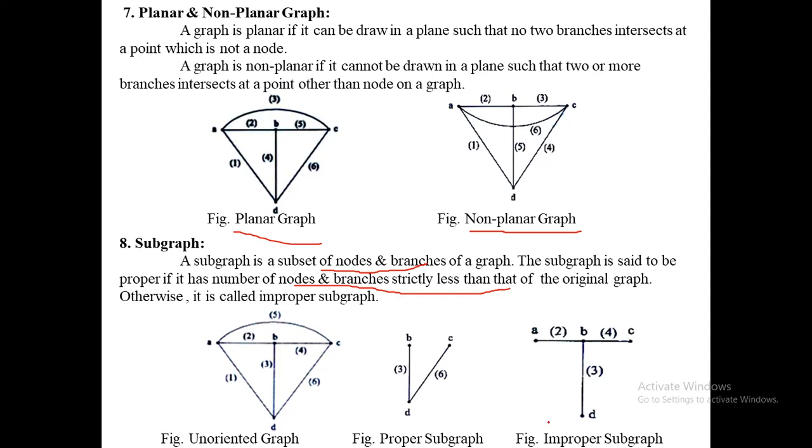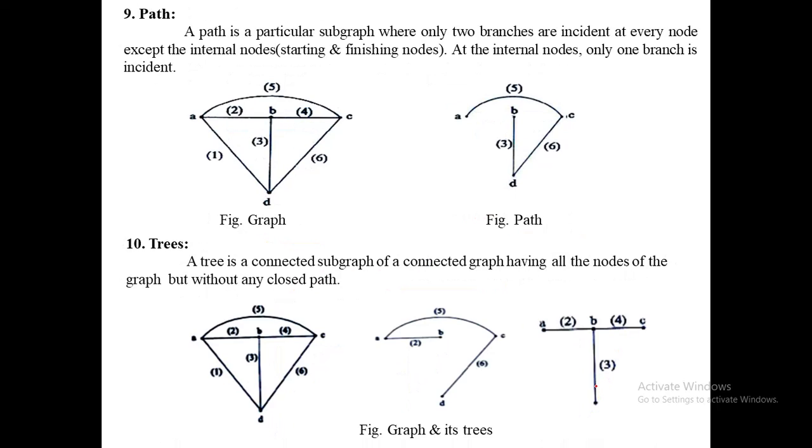But this is an improper subgraph because it has the same nodes; the original graph has 4 nodes, and this also has the same nodes. So it is an improper subgraph, because we know the number of nodes and branches should be less than in the original graph.